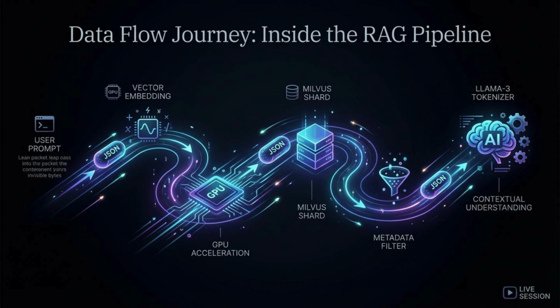Once the embedding is created, it is sent to a vector database. Here we have used Milvus as the vector database. Inside this database, the request is routed to a specific shard, which helps with horizontal scaling and faster similarity search. After that, a metadata filter is applied.